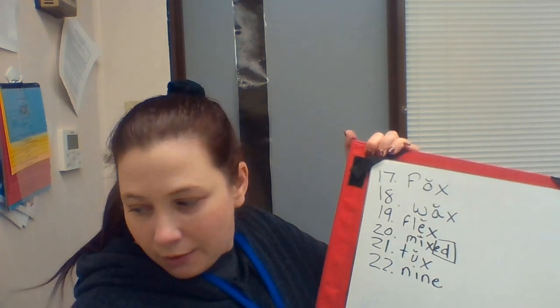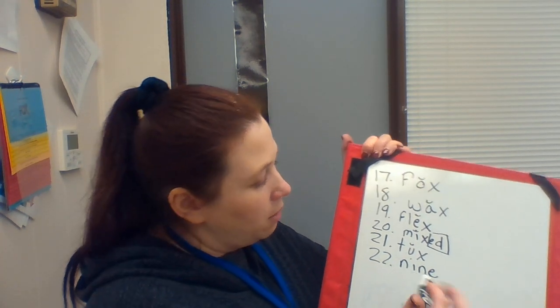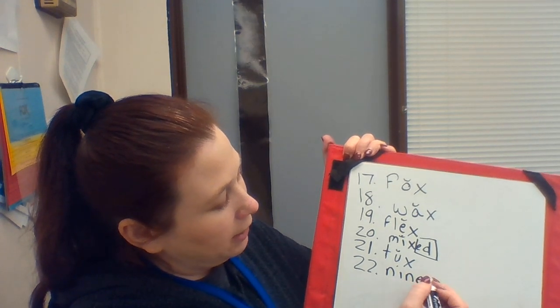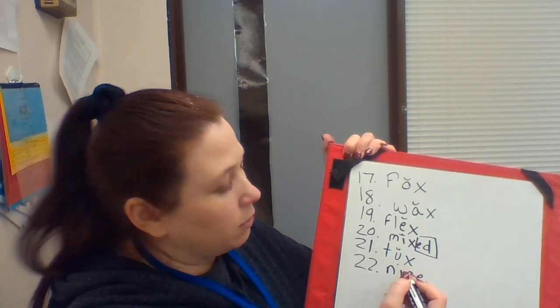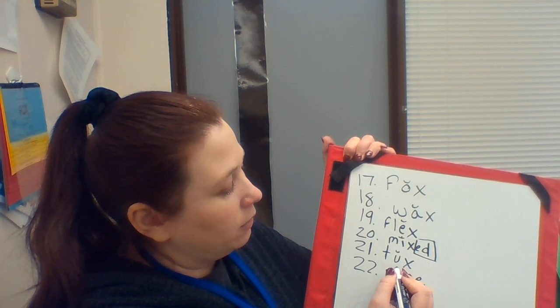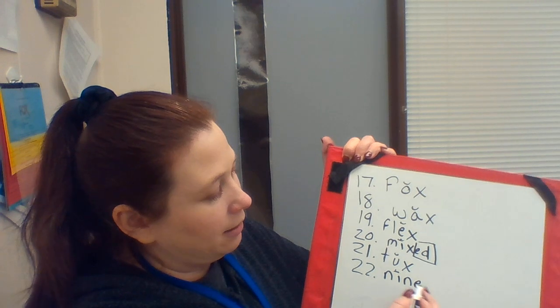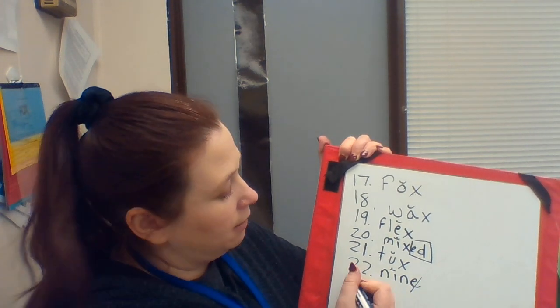On this one, we see a pattern. We see vowel, consonant, vowel with an E. So the E is going to make the I say its name. So we're going to put a macron on there. And then we ignore that E at the end.